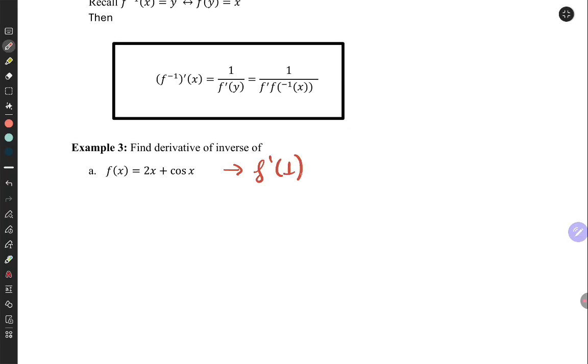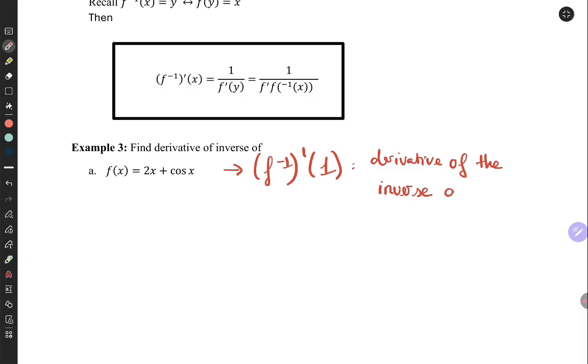So this means the derivative of the inverse at 1. Simple. The derivative of the inverse at 1.